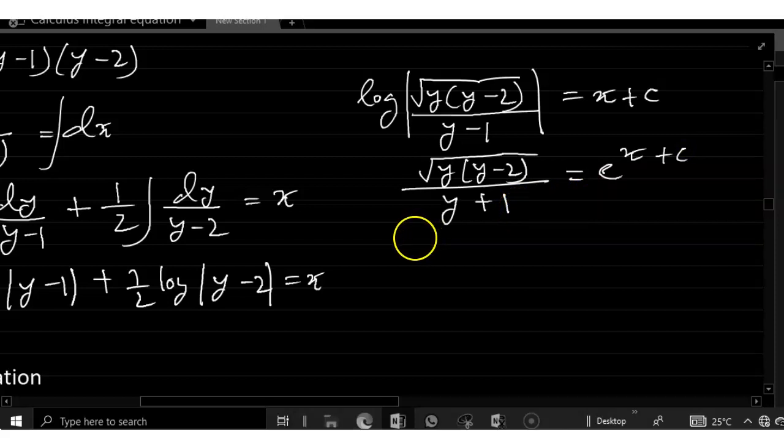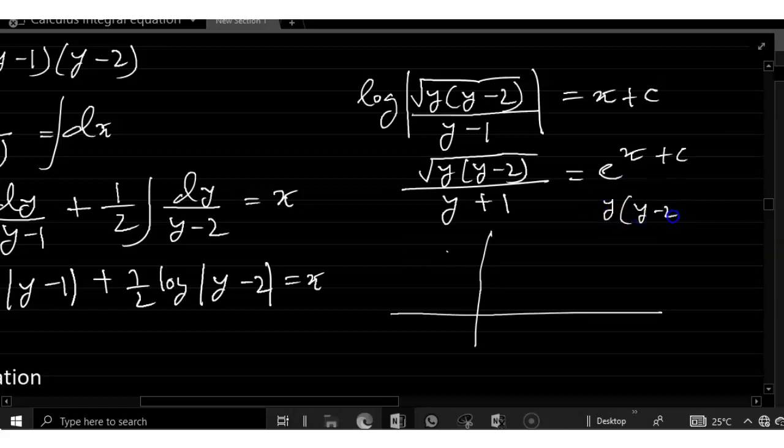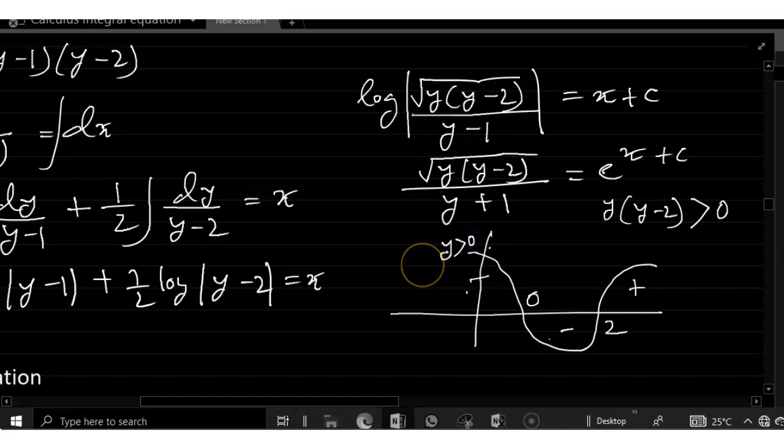Let's draw a graph: y(y−2) less than 0. The critical points are 0 and 2, with the signs plus, minus, plus, so y lies between 0 and 2.